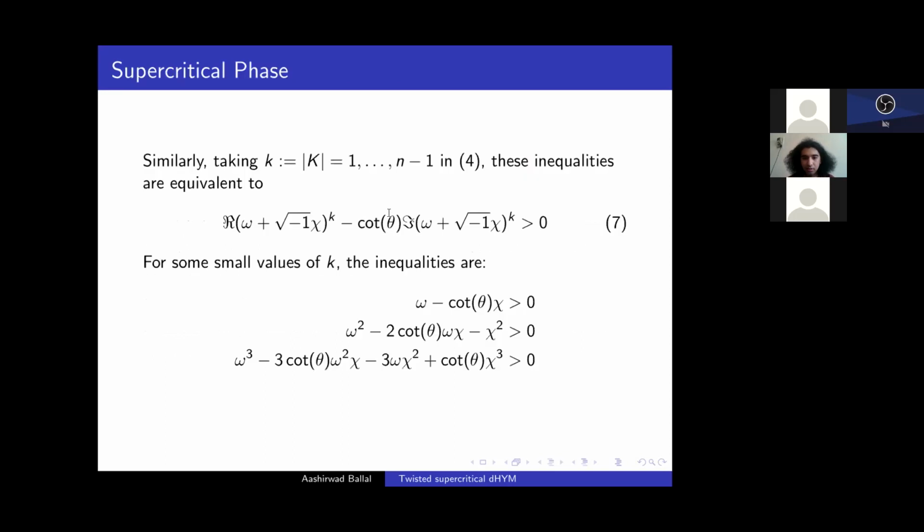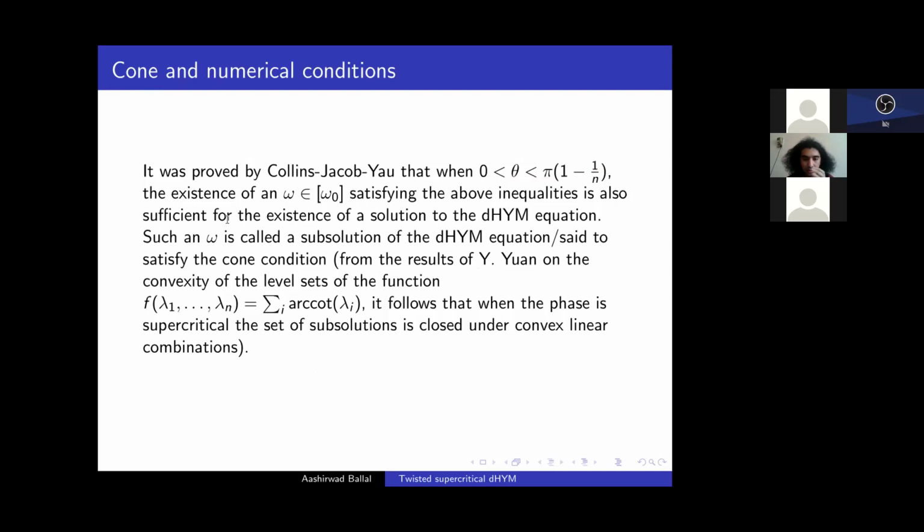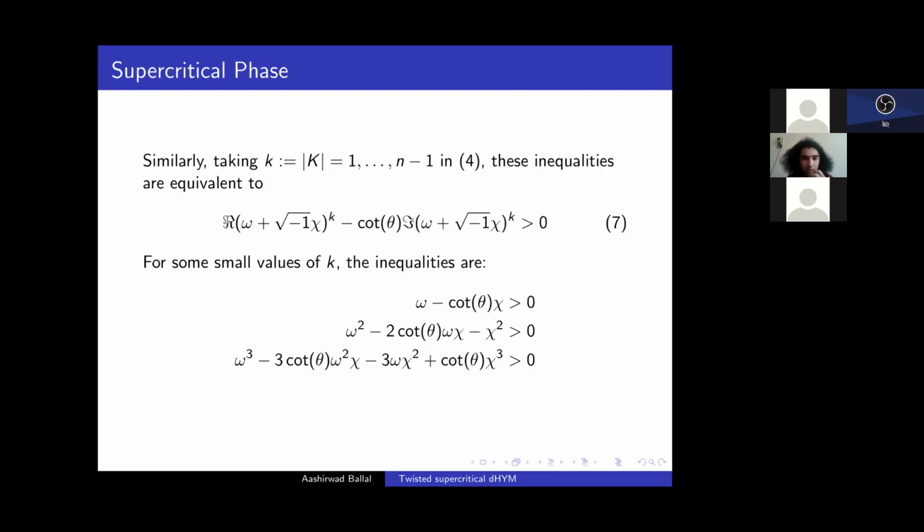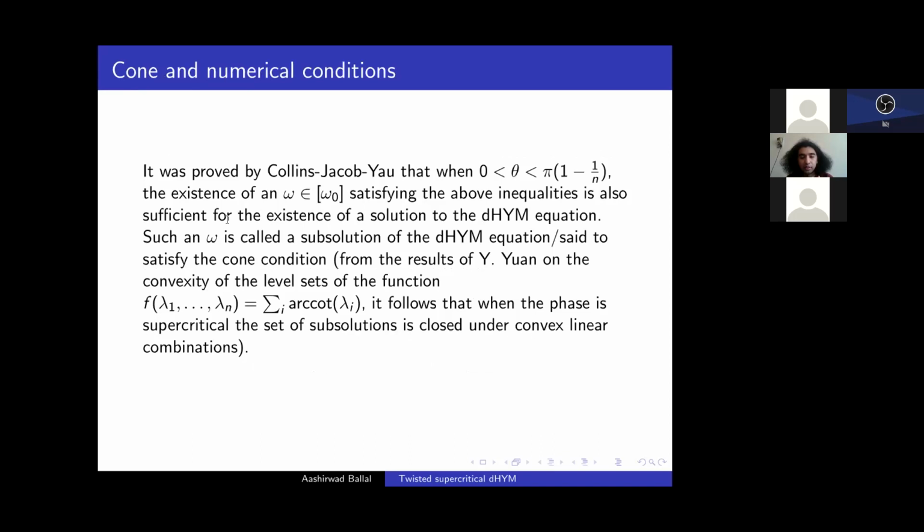These conditions are also called Cohen conditions, similar to the dHYM criteria. In the dHYM thing, omega is positive for all things, but anyway, it's called the Cohen condition because it's closed under convex combinations.